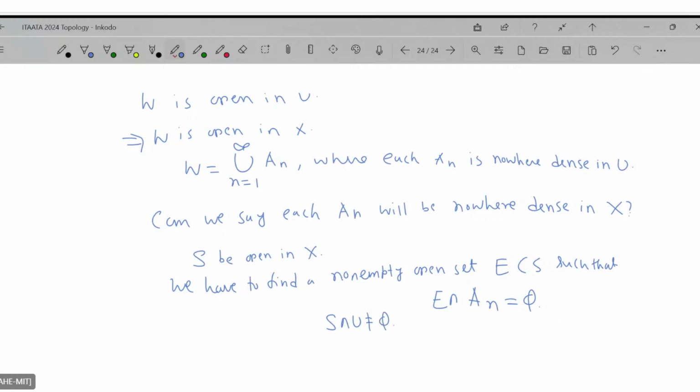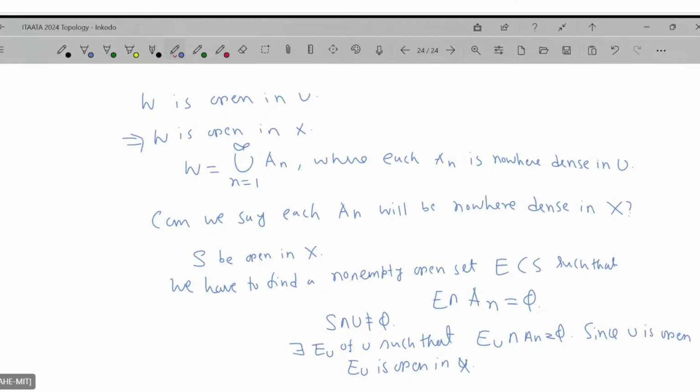Then this will be open in U. So there will exist an open set EU of U such that EU intersection AN will be phi. But since U is open, EU is open in X.